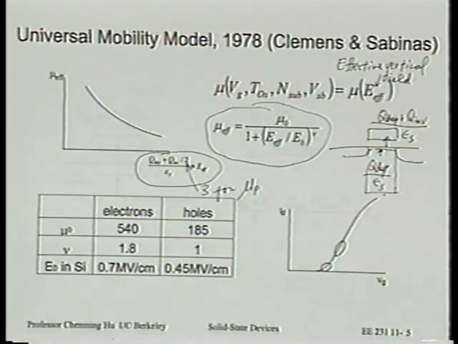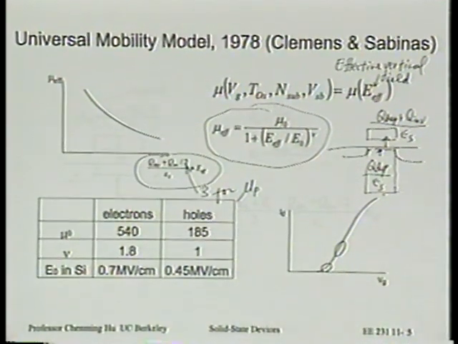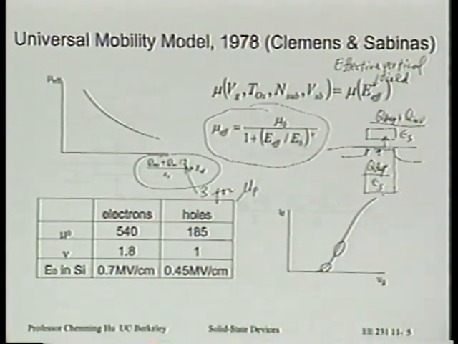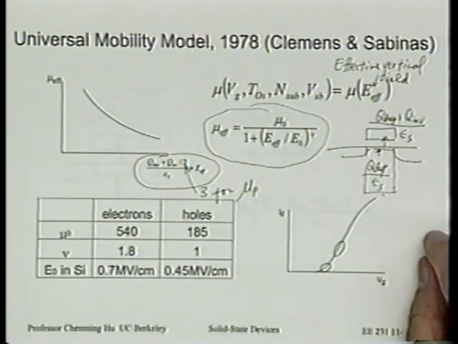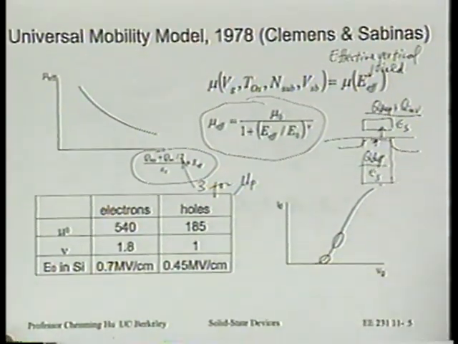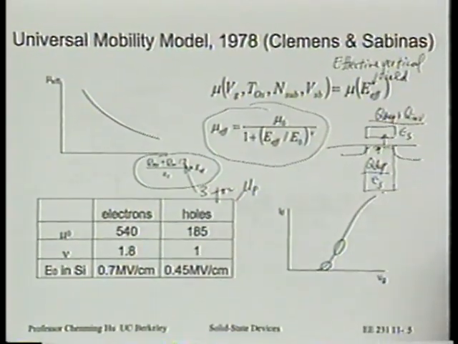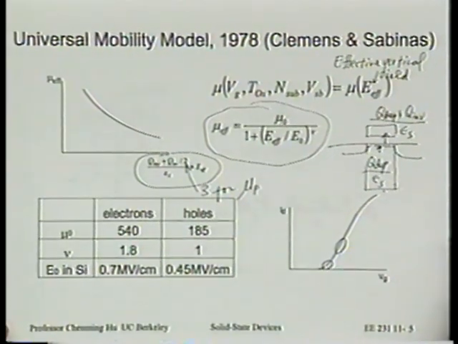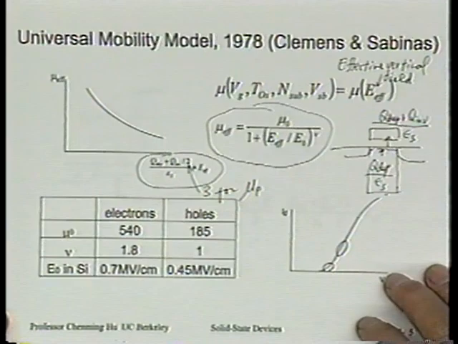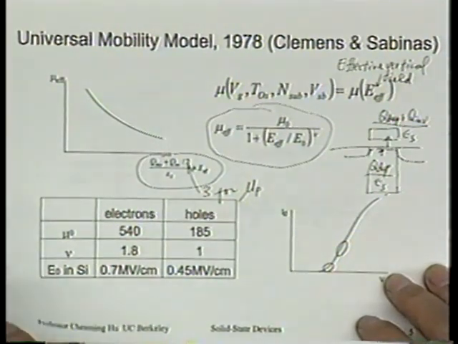Okay. But it's a universal curve, and that's very powerful. It doesn't matter on the detail of these things. It only depends on one thing, this average vertical field, and everyone is getting the same mobility. Now, this, of course, is good news and bad news. The good news is that you don't have to sweat too hard. You know, other people are not making better mobility than you are. The bad news is you cannot make it better than this either, right?